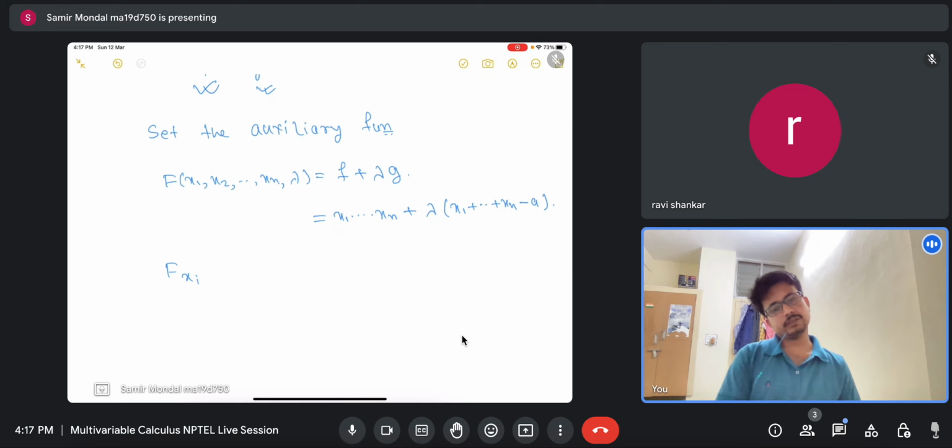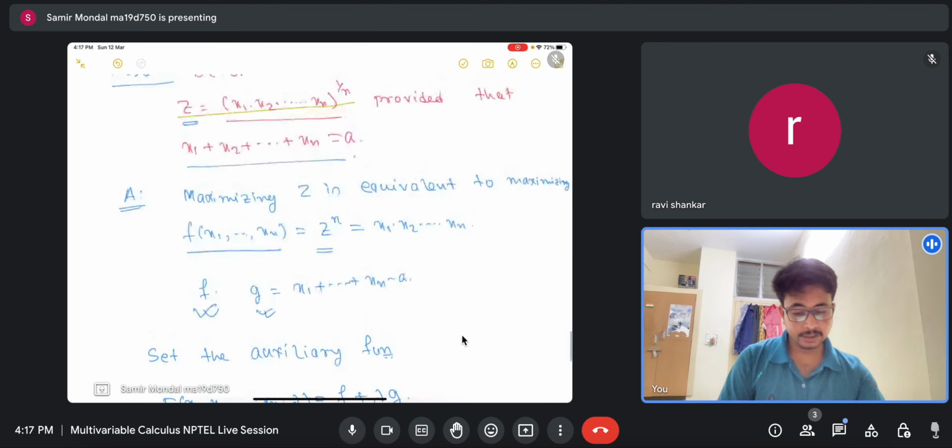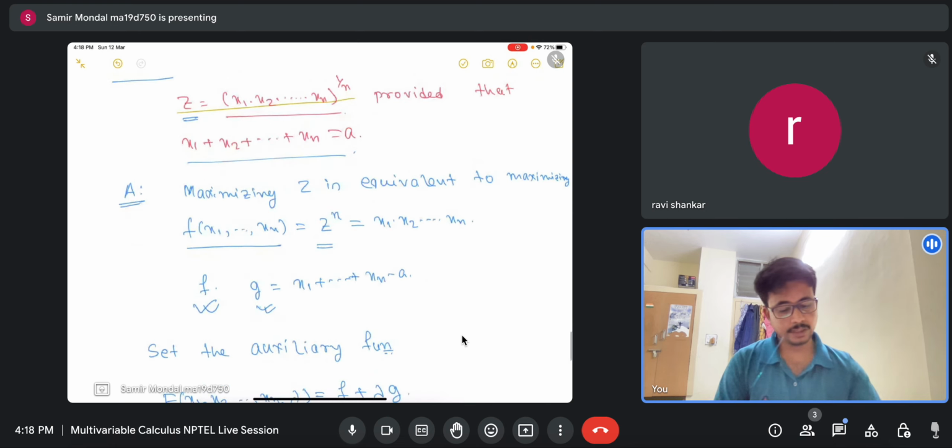Now go for the partial derivative with respect to xi. This is normal; we don't have to use any theorem for this, because here we are dealing with only positive numbers. Suppose your n is fixed.